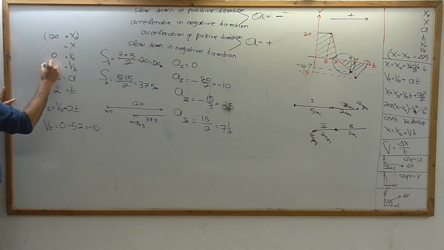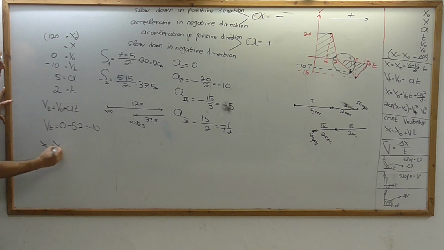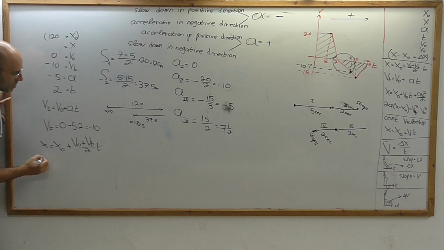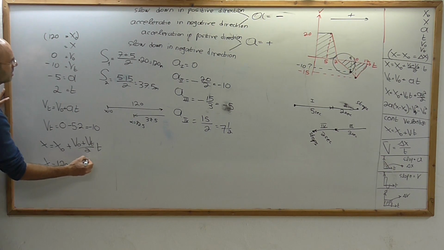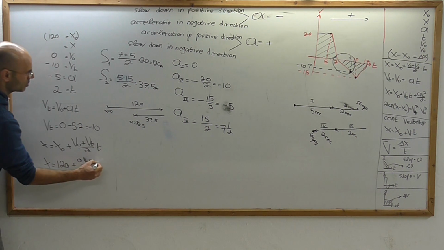I can calculate it from this equation: x, the position, will be 120, the initial position, plus (v0 is 0, v final is minus 10) over 2, multiplied by time, which is 2.